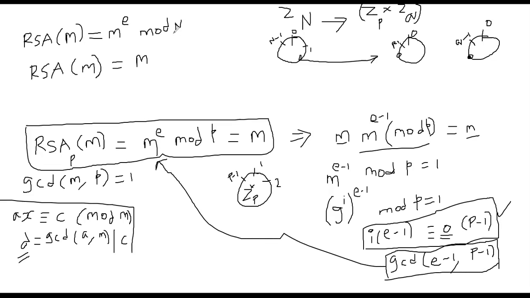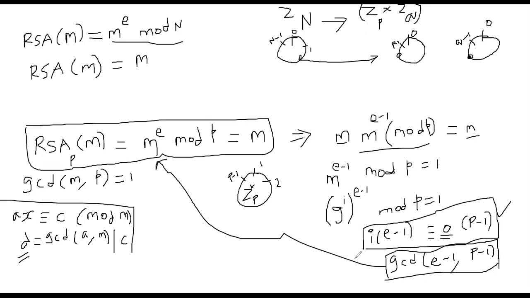The big problem we wanted to solve is M power E mod N. We converted the problem into two subproblems. One is to find M power E mod P. We learned that there are GCD of E minus 1, P minus 1 solutions. Instead of P, we replace it by Q. We will get GCD of E minus 1, Q minus 1 solutions. And now we can combine all of these using the Chinese remainder theorem, which we talked about.